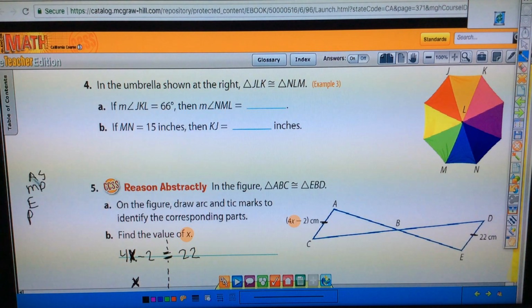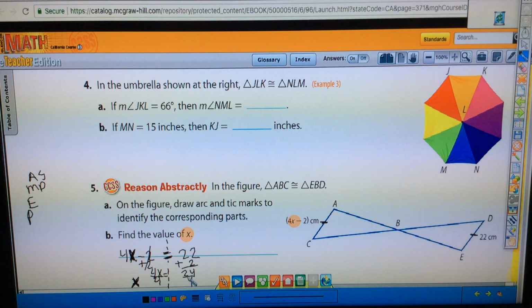Reverse PEMDAS says you take care of addition and subtraction first. So I'm going to get rid of this negative 2 by adding it. Now I have 4x equals, let's see here, 22 plus 2, 22, 23, 24. Okay, last step, I want to undo times 4 by dividing.